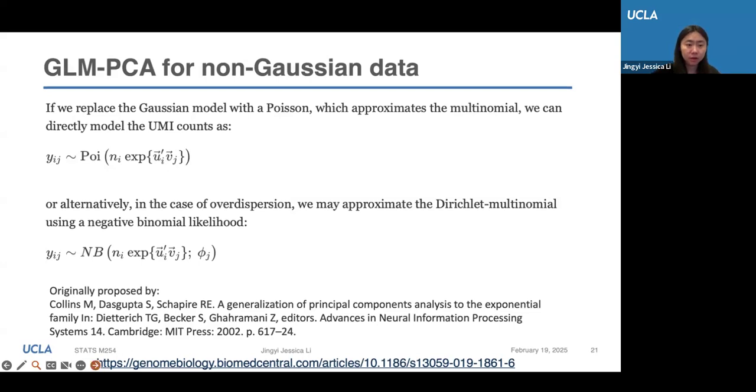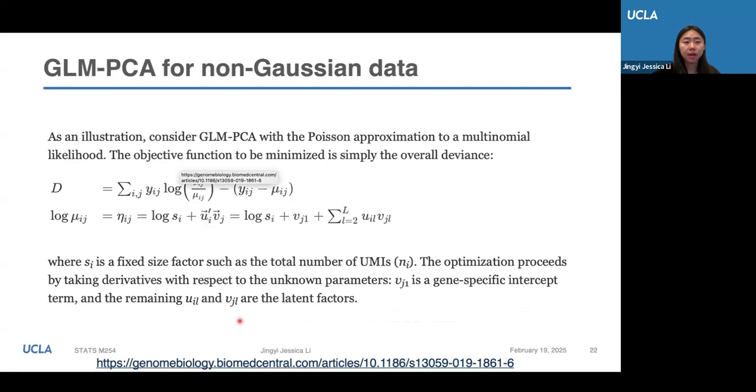As an illustration, consider the GLM PCA with Poisson approximation to a multinomial likelihood. So I skipped the multinomial part, just say Poisson. The objective function to be minimized is simply the overall deviance.